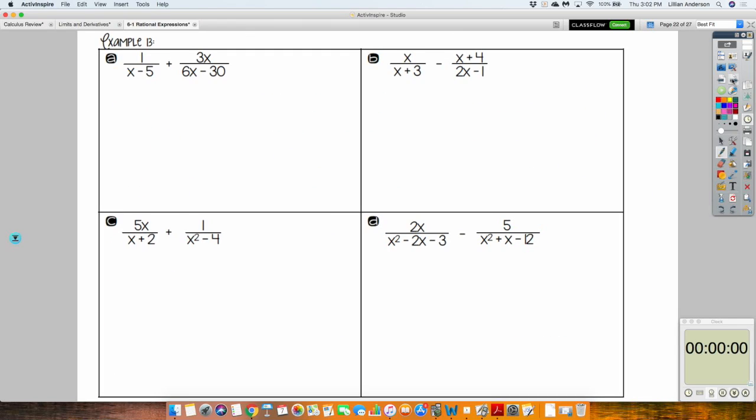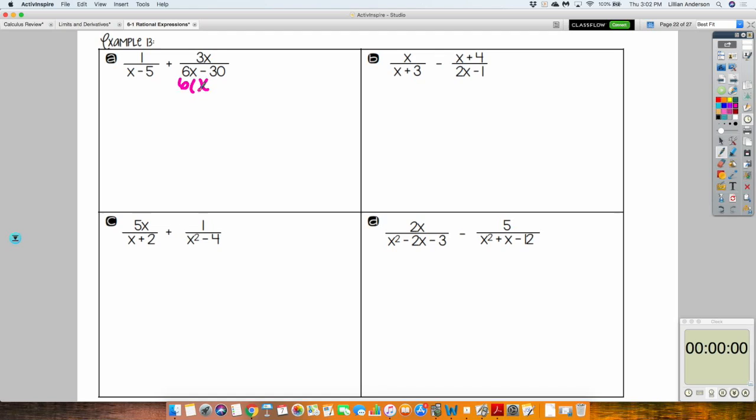When these come to binomials and trinomials, factor first and see what they have in common. All right? Factor the denominators. Can I factor x minus 5? What about 6x minus 30? Not divide. Factor out of 6. That leaves me with an x minus 5.